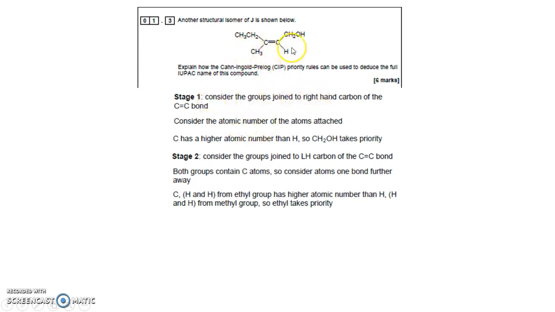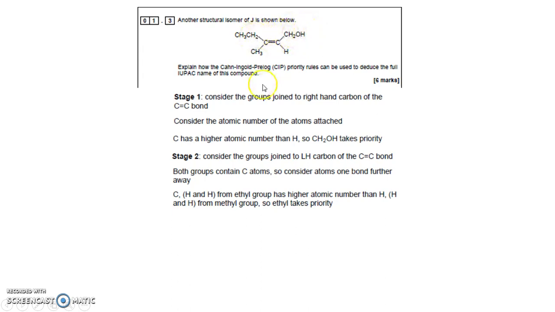To the right hand side we then look. This is actually easier because this carbon here is bonded to a carbon. This way it's bonded to a hydrogen, so this carbon has an atomic mass of 12 compared to the hydrogen only having an atomic mass of 1. This has a higher atomic mass than this, and so this CH2OH group takes priority.